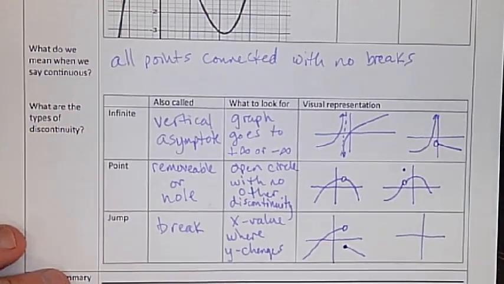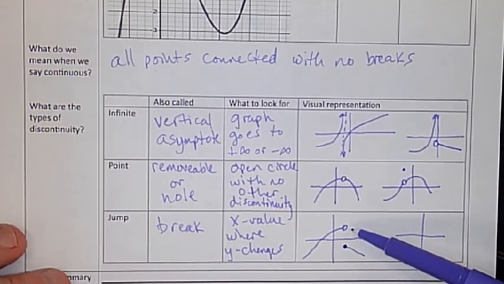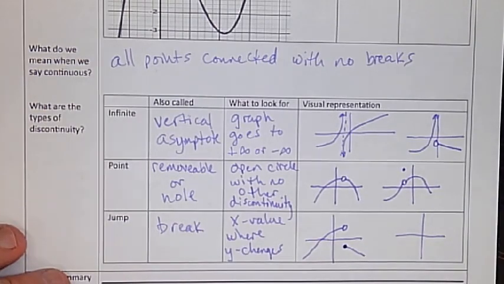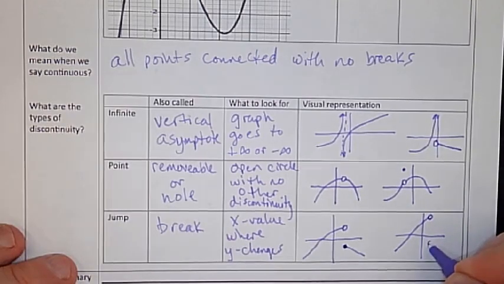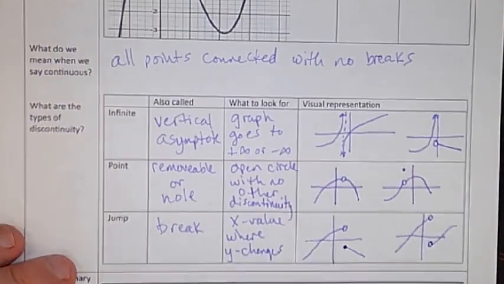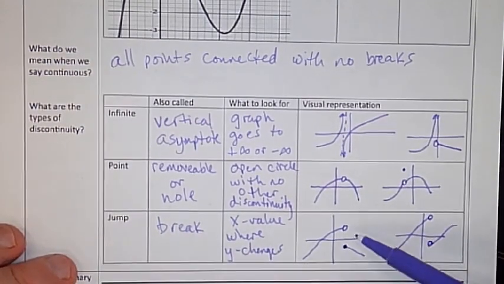Now, I want to be very clear that this uses an open circle and a closed circle, which is very common, but it can also use two open circles. So my graph could come up like this, have an open circle, have a second open circle down here at the bottom, and then continue onward as the graph. So it may be one open and one closed, or it may be two open.